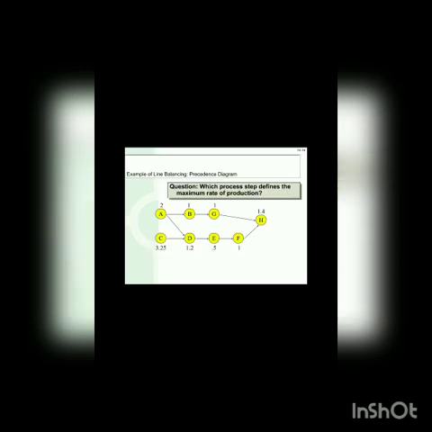The sum of task time, here we have to sum all the task times, is 11.35 minutes per unit. Friends, you must be thinking about how this 11.35 minutes has come. For this, let's go back. What is the total time? Now add all these times.